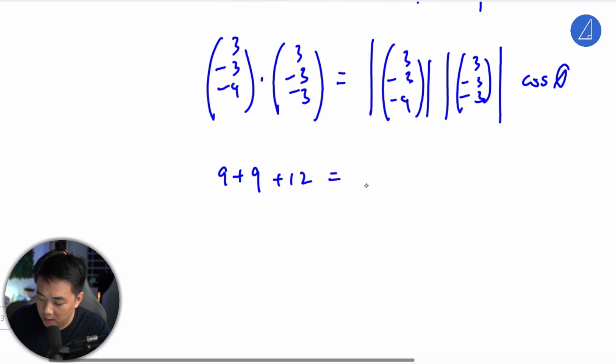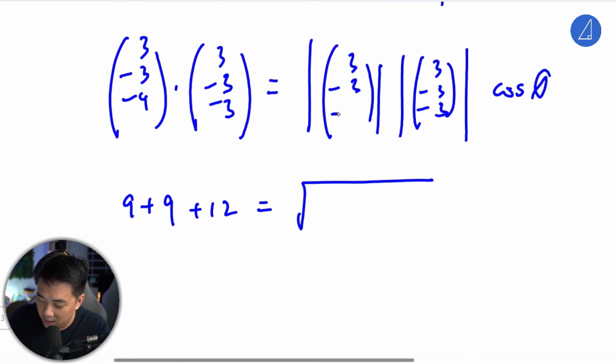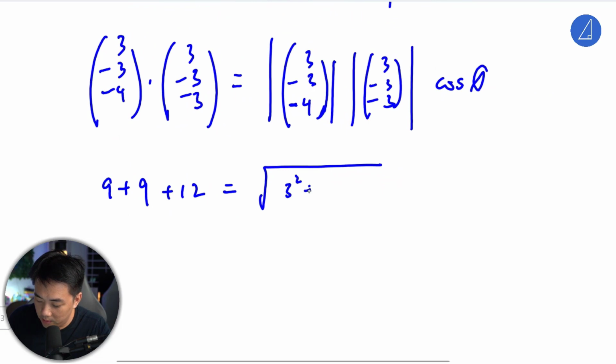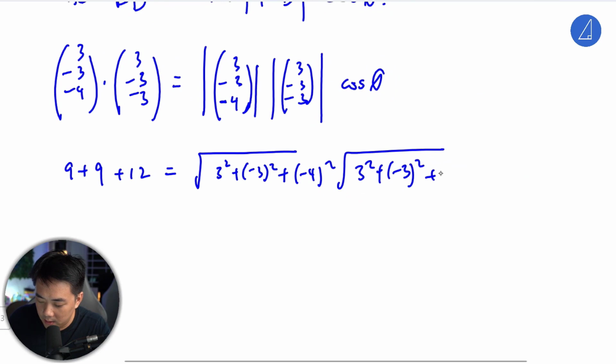So that's the dot product. Previously I made a mistake here, that's why there was a sudden shift in the screen. This will be the square root of 3 square plus minus 3 square plus minus 4 square, which is root 34, times root of minus 3 square plus minus 3 square plus minus 3 square.